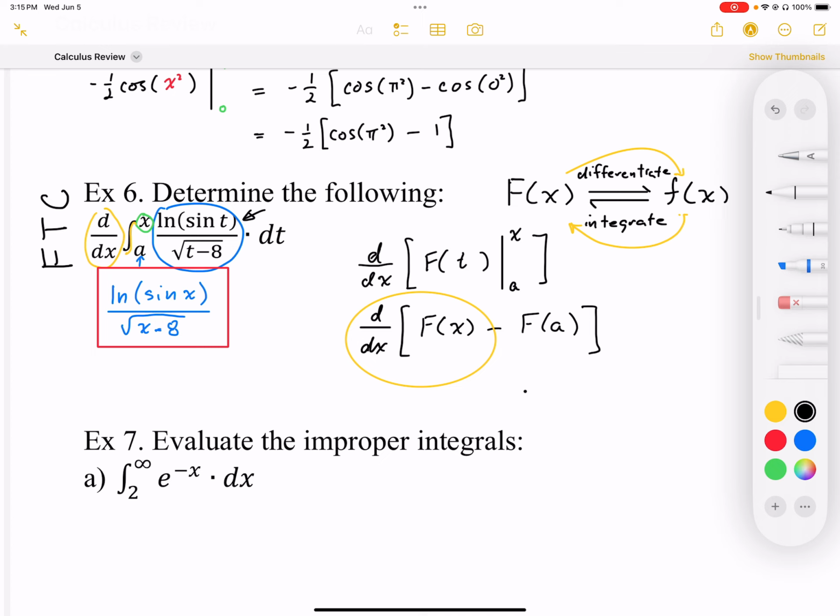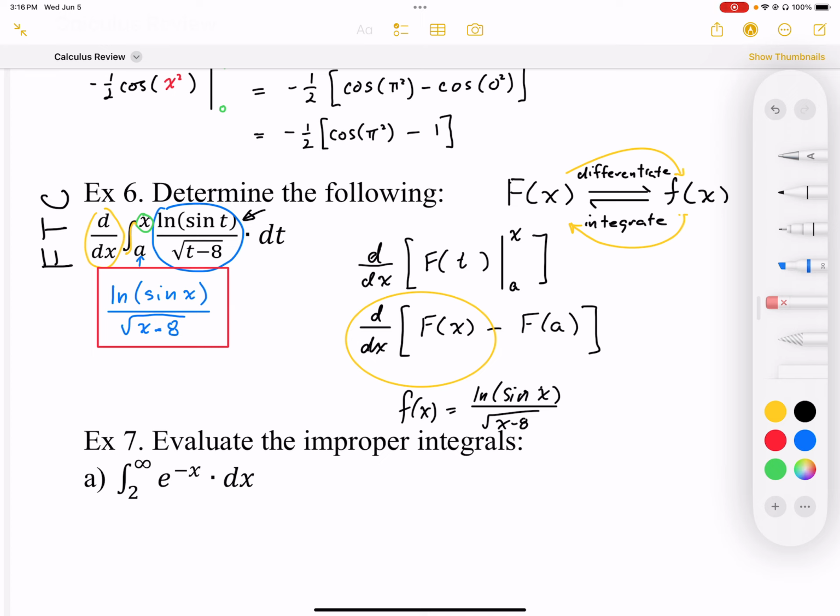I'm going to just end up with the original f, in this case with an x now, not a t. And in this case, it's going to be log sine x over square root x minus 8. And that's it. Because when I differentiate F of a, because a is some number, that differentiates to 0, so we don't really need to write that in. So that's why we end up with that expression.